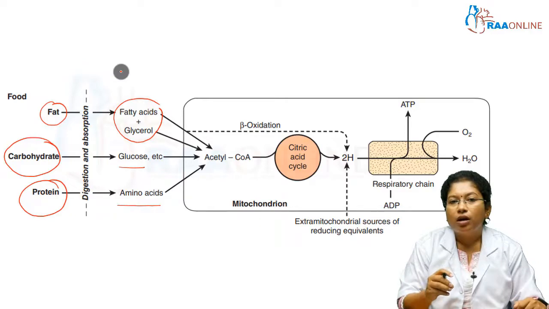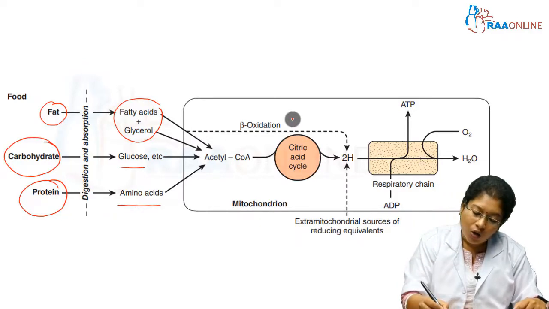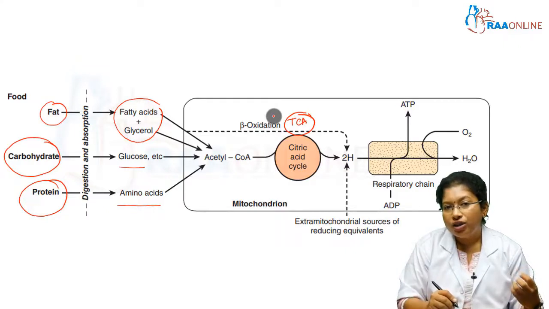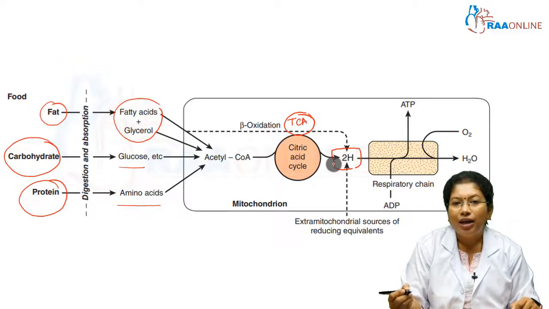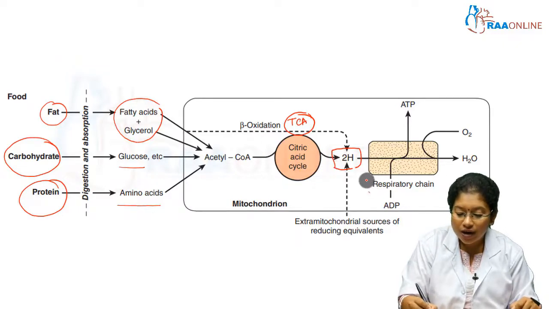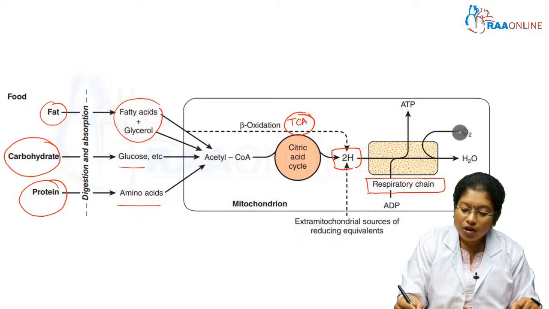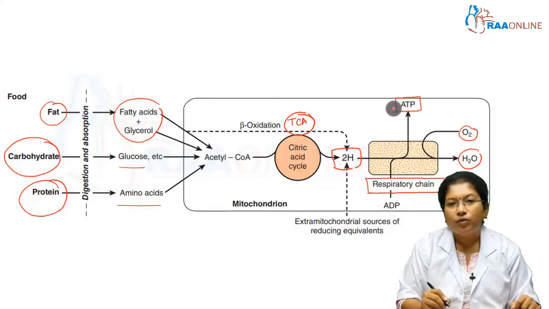All of these enter into a common oxidative pathway called the citric acid cycle or TCA cycle. From here, the energy is transferred as electrons to the ETC, otherwise called the respiratory chain, which converts oxygen to water and then produces ATP.